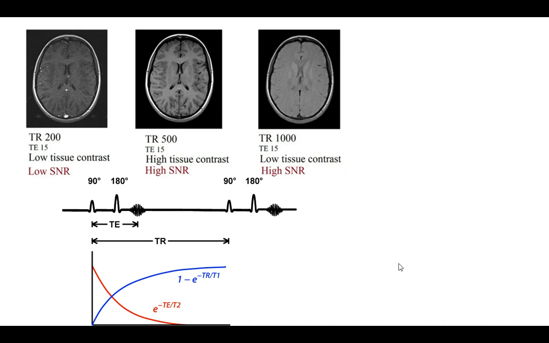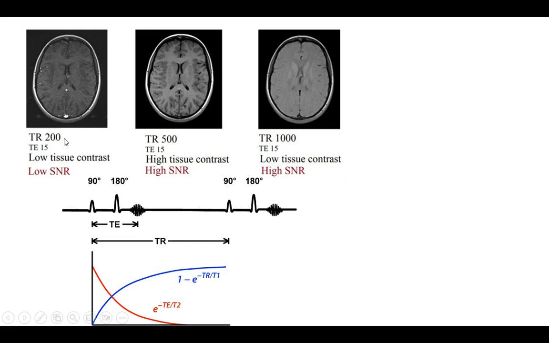This one is when we're doing the recovery. Remember when we're trying to look at T1 time, we gave it a kick, waited a bit, gave it the 180 pulse, and then did the readout. That was our echo time. Then we had a recovery period before we could do it again because you had to let things dampen off.